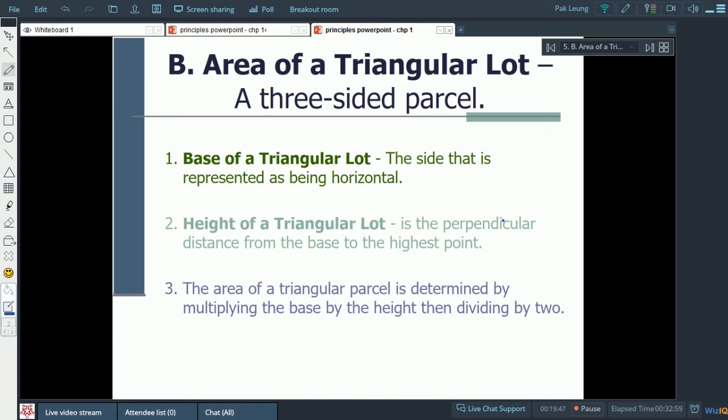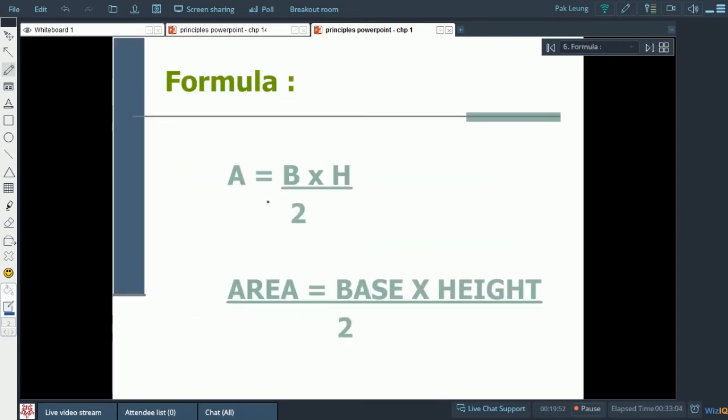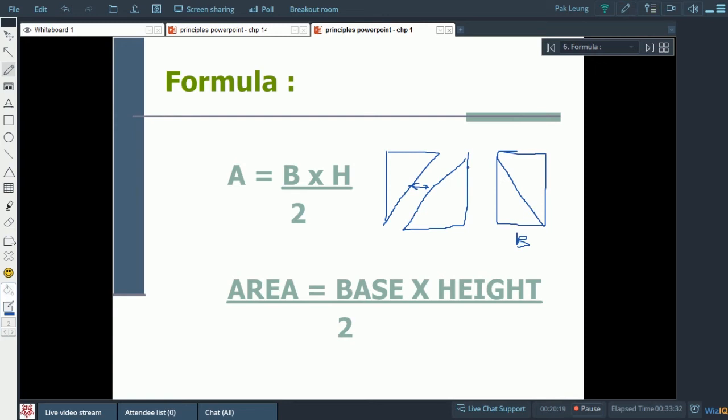Alright, so for a triangle, 三角形的地皮怎么去算? It's the base times the height divided by 2. Why is that? If you look at this, when you put these two together, it's basically a rectangle.